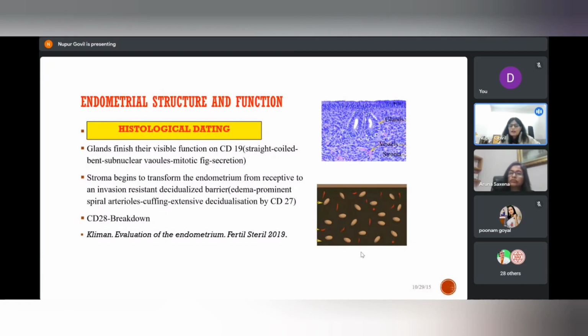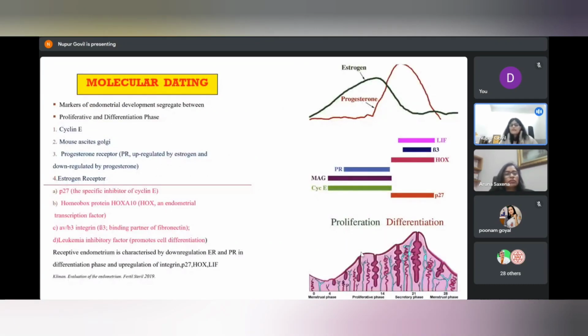Any problem at the level of formation or the dating of this, if the time period in which these maturations should happen gets deranged, then the whole receptivity of the endometrium gets affected. So this has been characterized as histological dating. Now, we have always focused on histological dating. It should always be balanced with, and should happen in synchrony with, molecular dating as well.